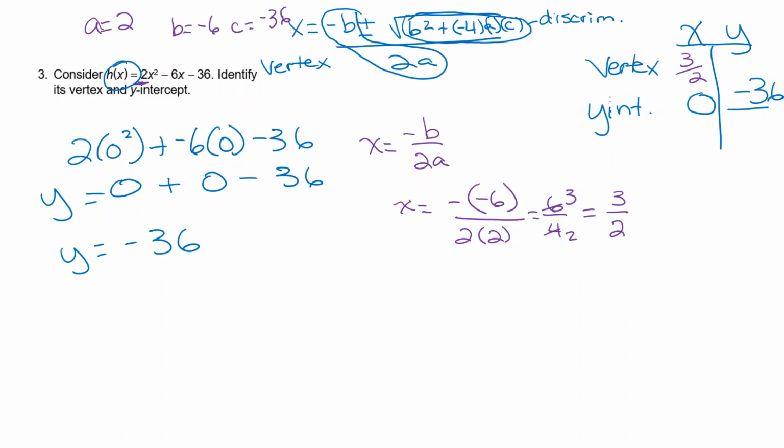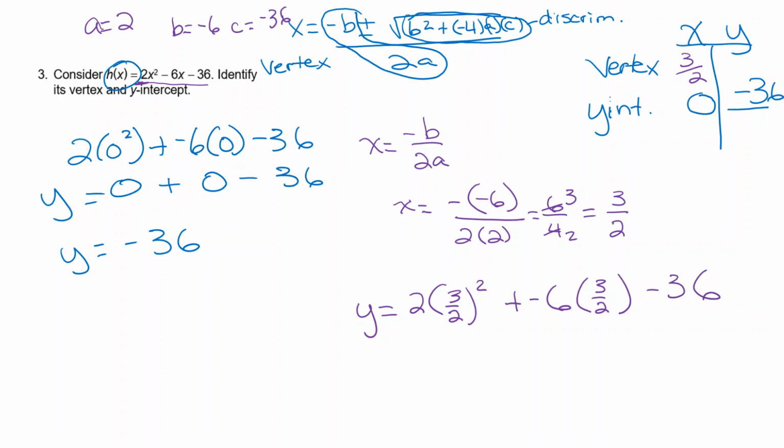The next step that I'm going to do is, now I have my x, but I still need to find my y of that term. So I'm just going to fill this into my equation. I'm going to say y is going to equal 2 times 3 over 2 squared plus -6 times 3 over 2 minus 36.